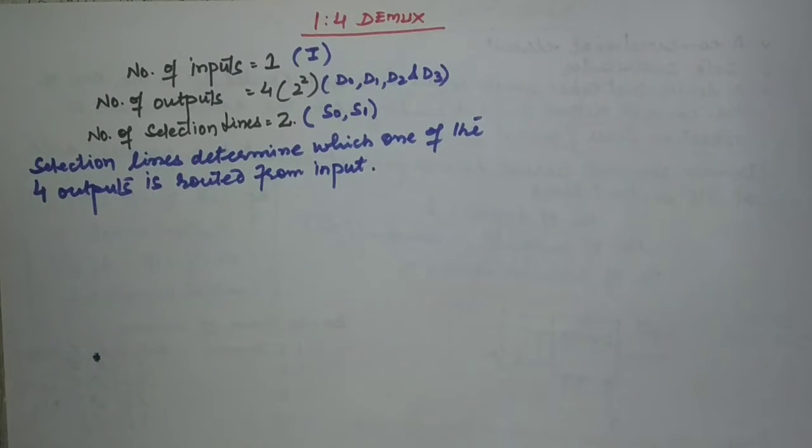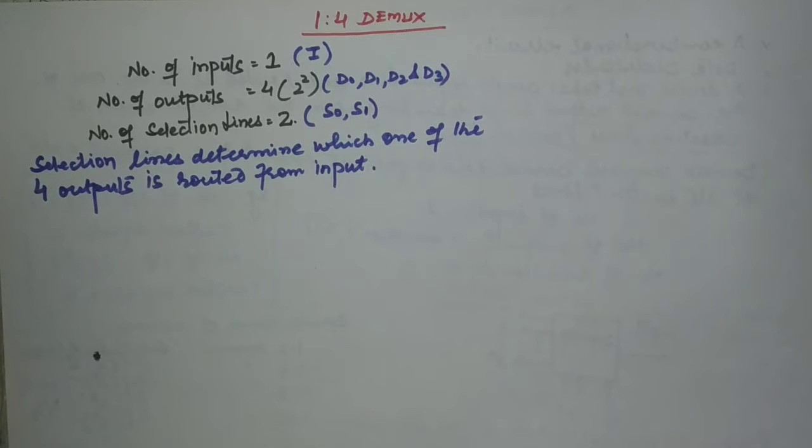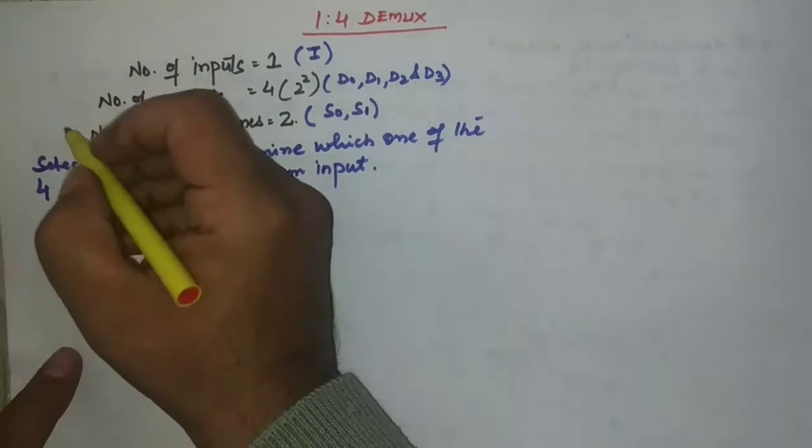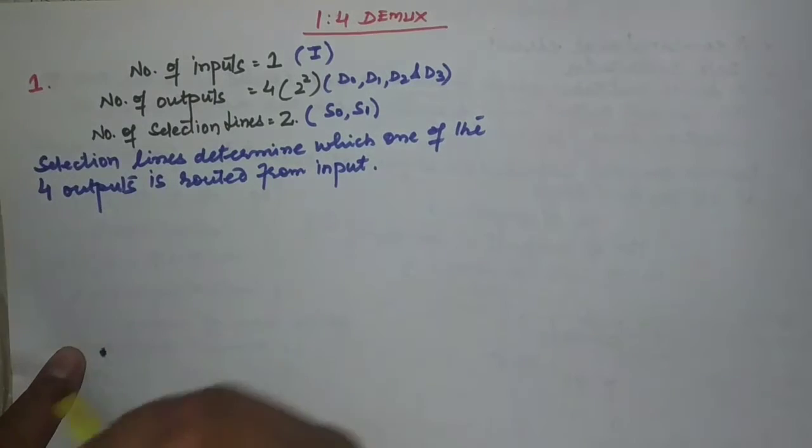It decides which output line will be selected to route the input as an output. So this is the first point that we must know.